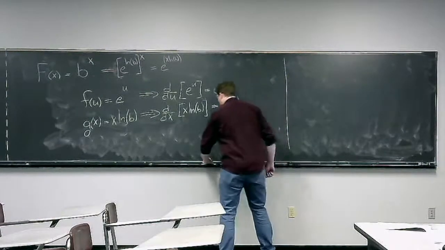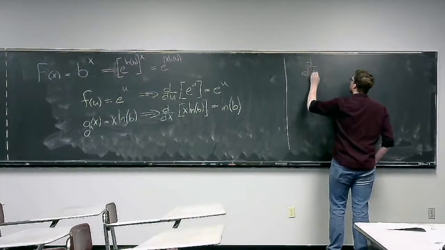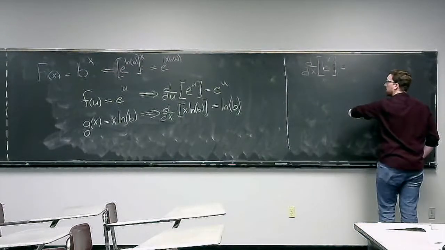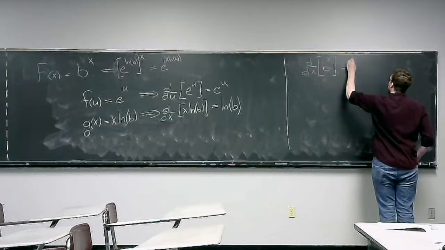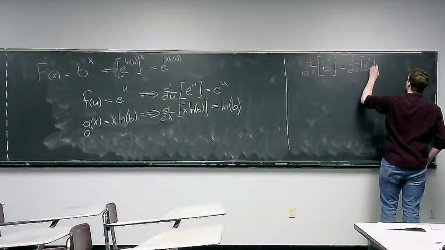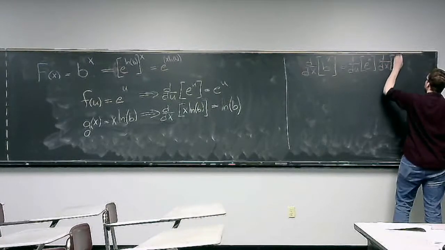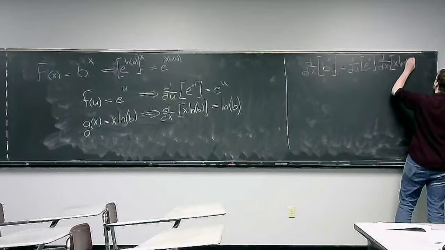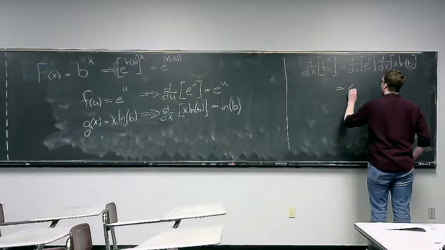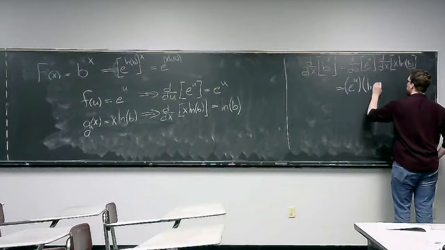So d/dx of e raised to the x times the ln of b is equal to d/du of e raised to the u times d/dx of x times the ln of b, which we now know to be e to the u times the ln of b.